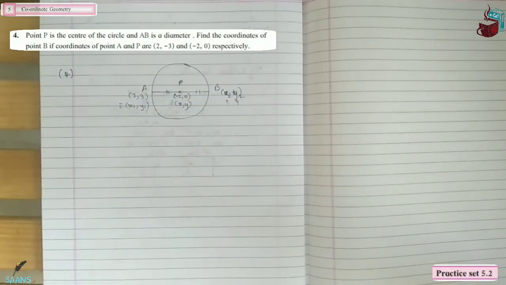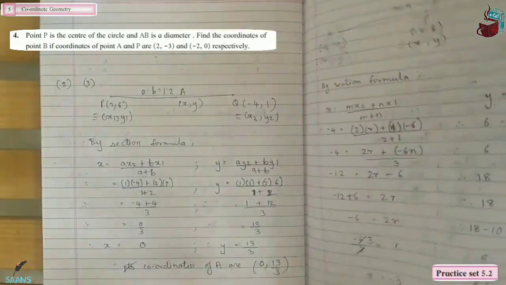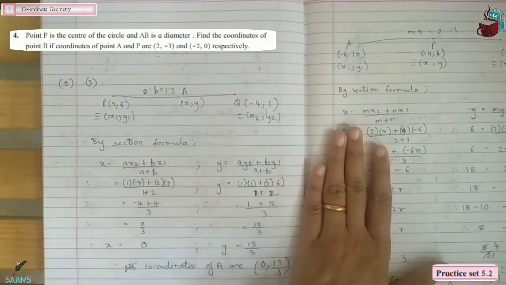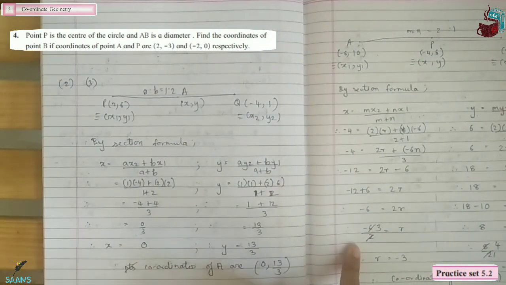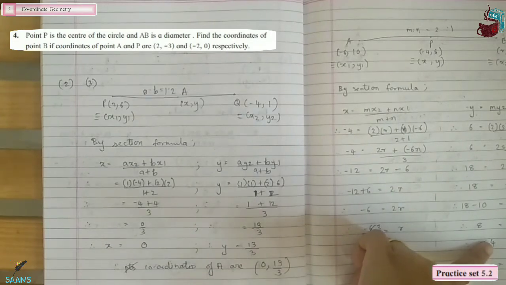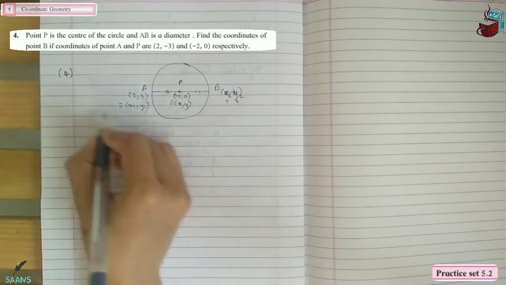They're telling us to find both. So this is a similar sum to this one. With the help of the x formula we will find one, and with the help of y we will find the other.